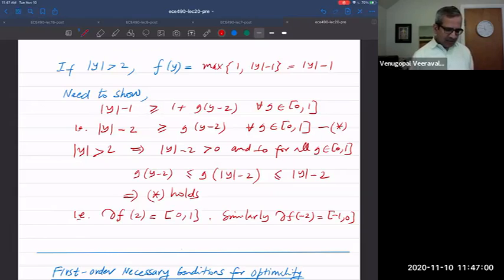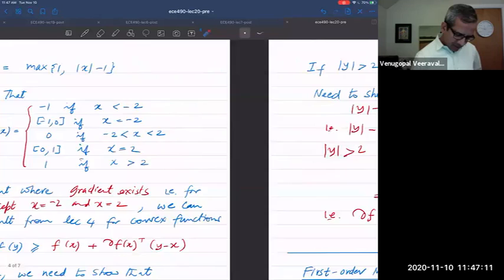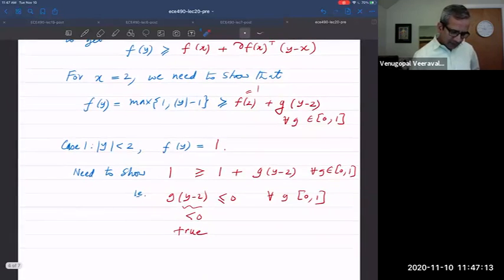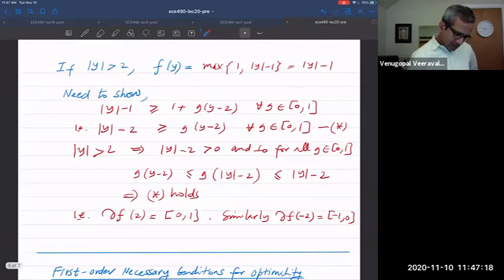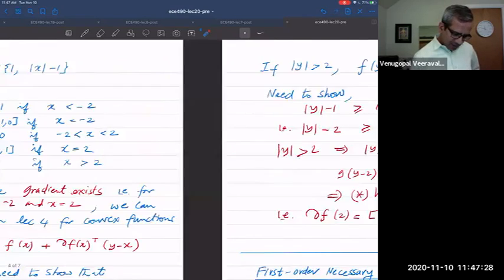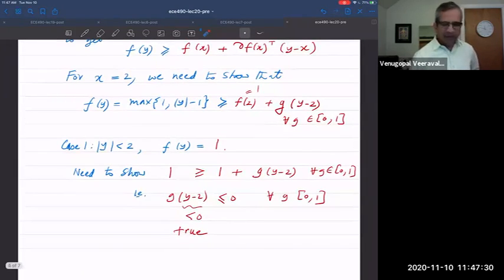If g is bigger than 1, then this condition will not hold, and if g is less than 0, then this condition will not hold.